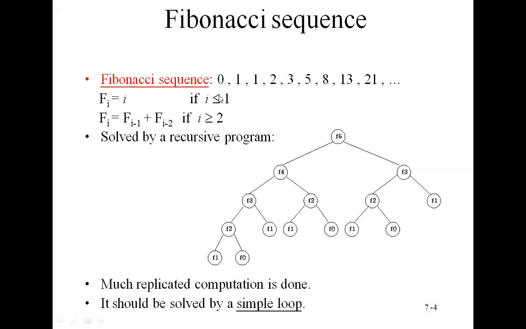So for i less than or equal to 1, for 0 it is 0, for 1 it is 1. Now see the second case. If i is equal to 2 or greater than 2, in that case we need to add the previous two numbers to get the number. That is f of i minus 1 plus f of i minus 2, the previous two numbers.